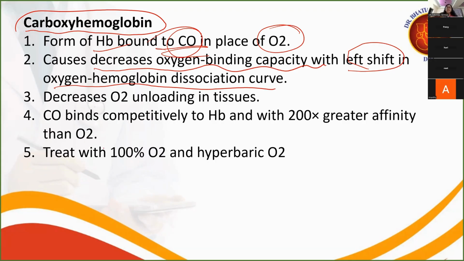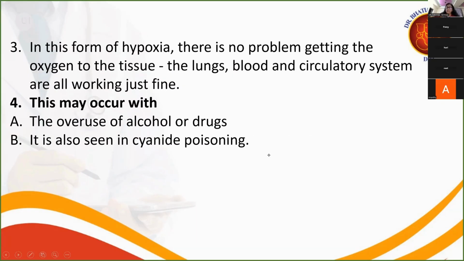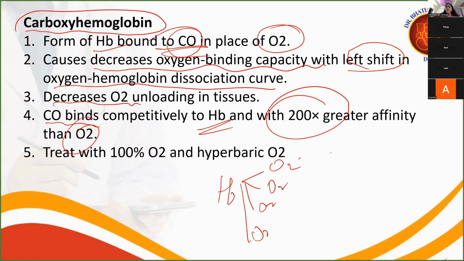Now, this is also very interesting. It causes decreased oxygen unloading in the tissues. Carbon monoxide binding itself is 200 times more as compared to the oxygen binding of the hemoglobin. Suppose this is a molecule of hemoglobin which is bound to 4 molecules of oxygen. This is a normal heme binding. Now here, in place of one oxygen, suppose this binds to carbon monoxide. One site that gets bound to carbon monoxide prevents the unloading of the other 3 oxygen molecules also.